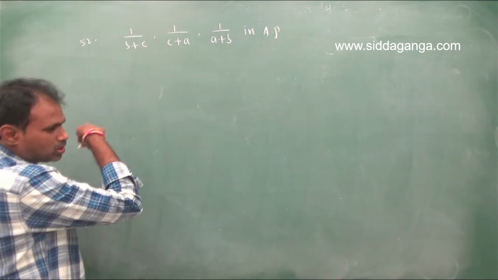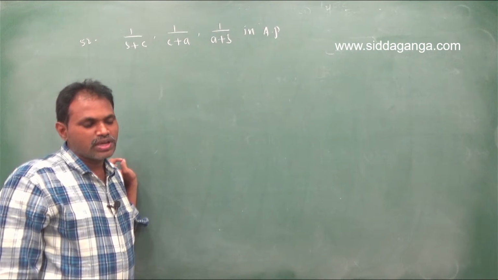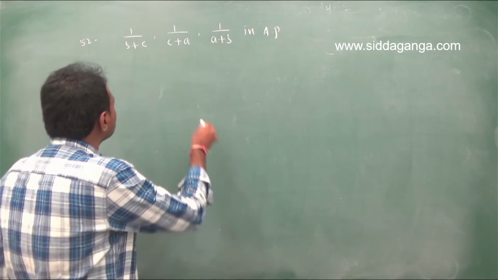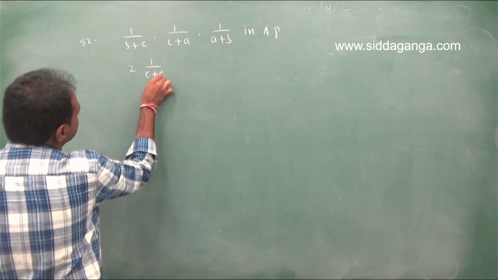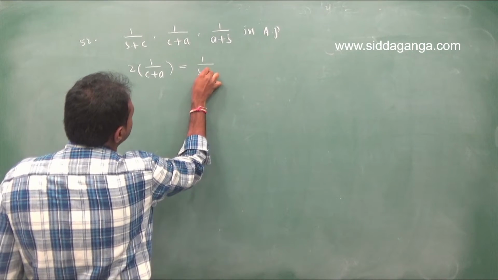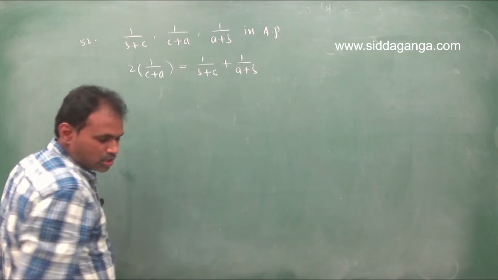Now if A, B, C are in AP, then 2B equals A plus C. Therefore 2 into 1 by c plus a is equal to 1 by b plus c plus 1 by a plus b.